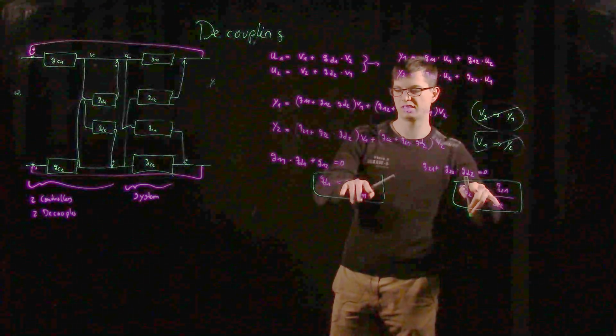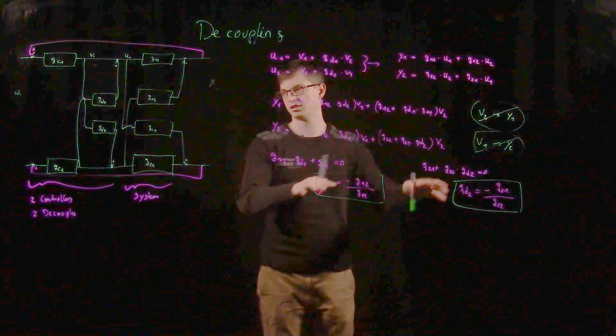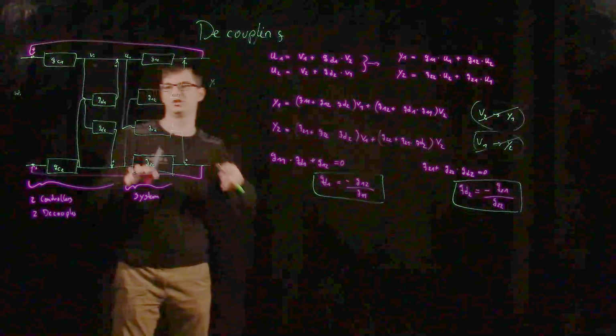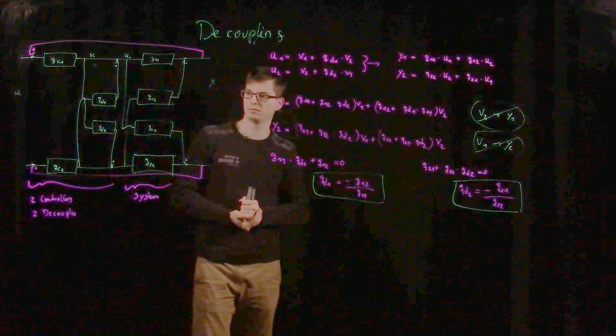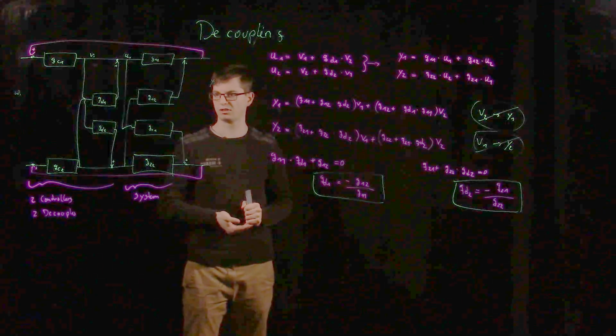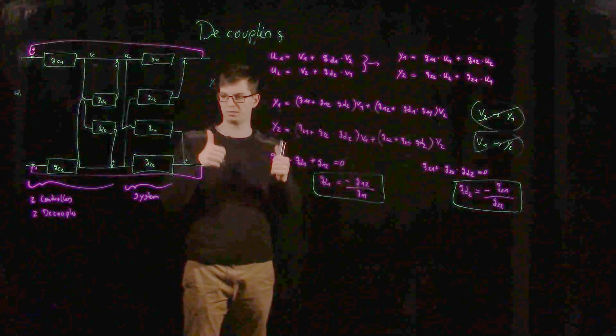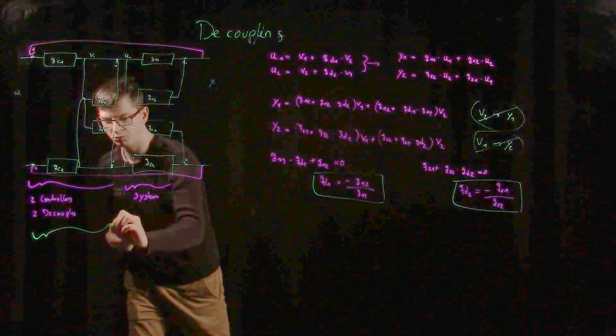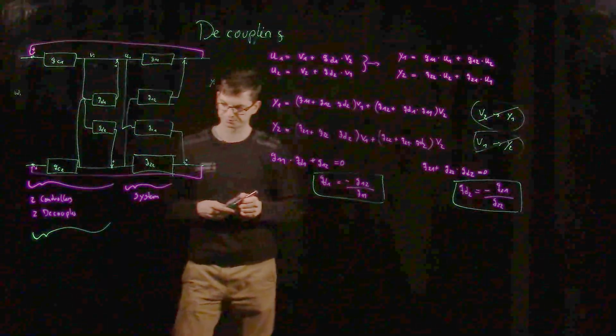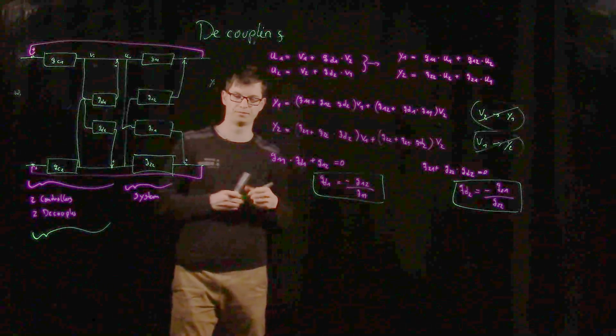Now we can use them when we have the transfer functions. We can put them in our big controller, and they can be implemented as one big controller. So this is one module, if you like.